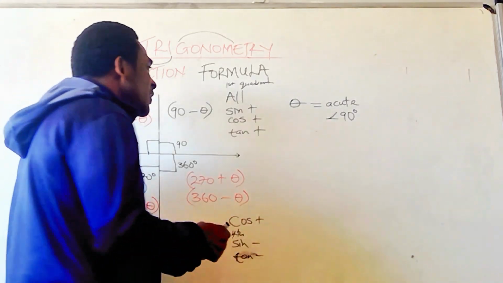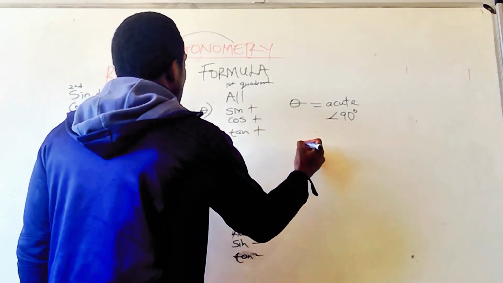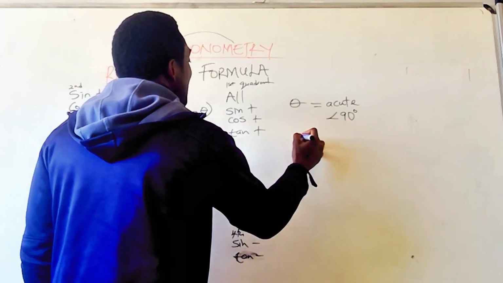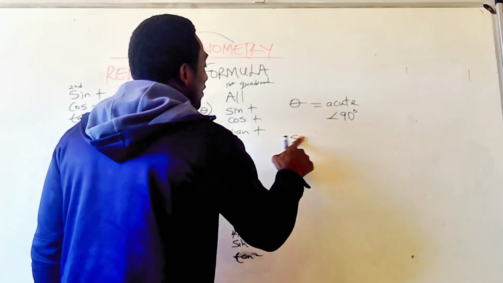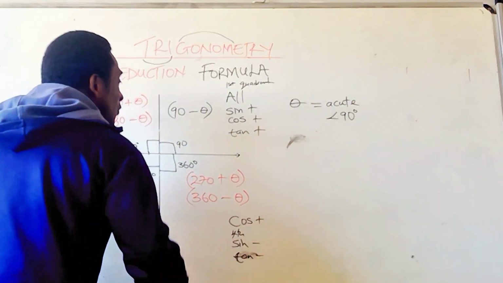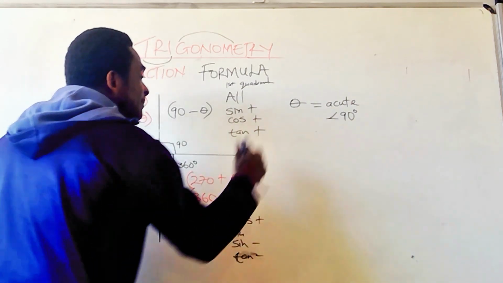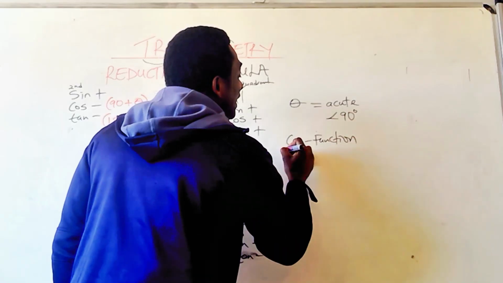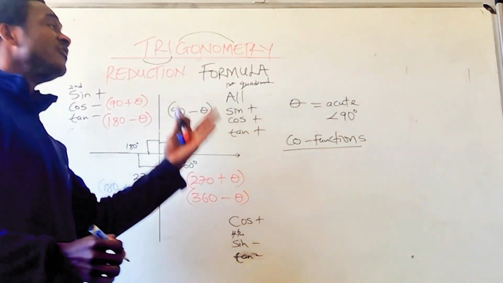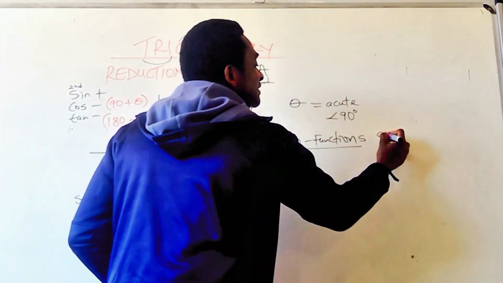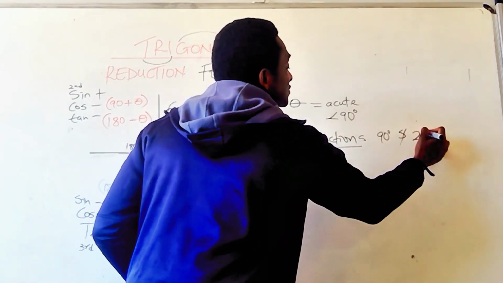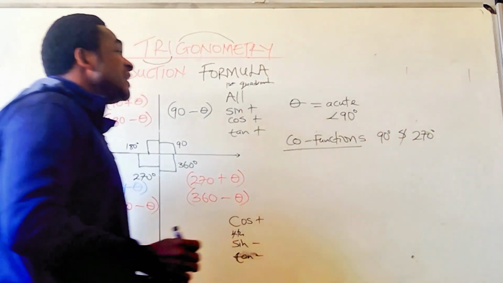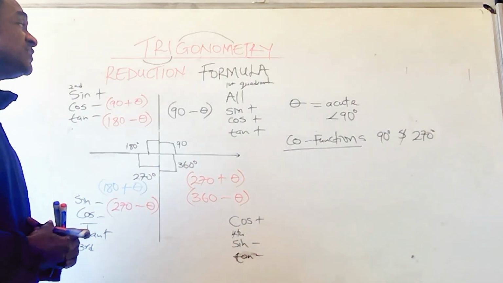It means that when I'm working on the first quadrant, if I get an angle of sine of, okay, before I go on, let's talk about what we call the cofunctions. The cofunctions for reduction formula are the functions that involve 90 degrees and 270 degrees. So angles that involve 90 degrees and 270 degrees, we treat them separately.